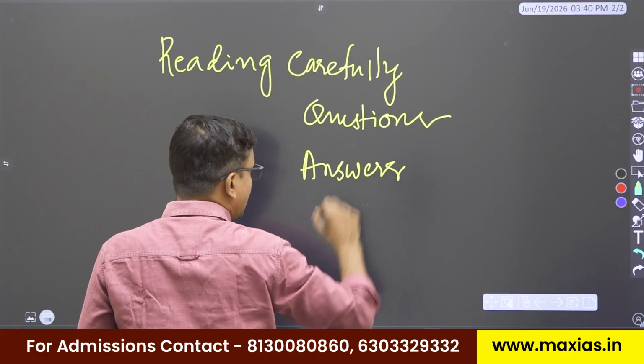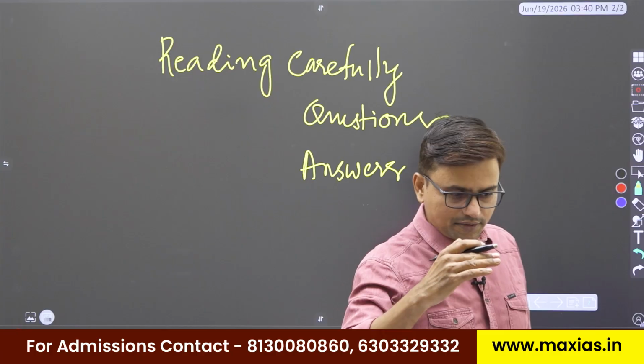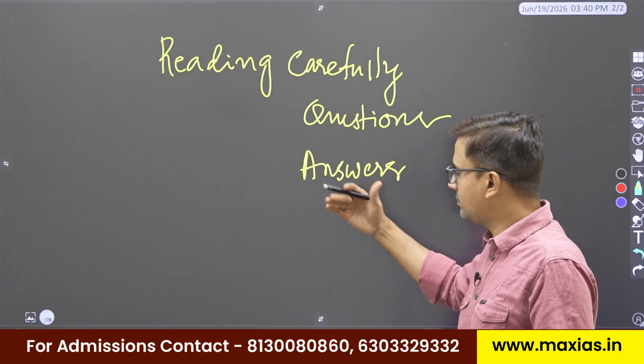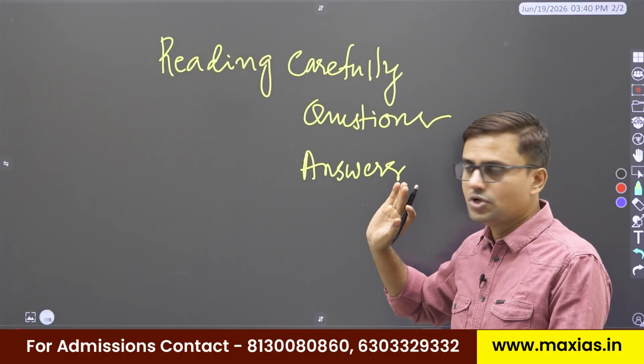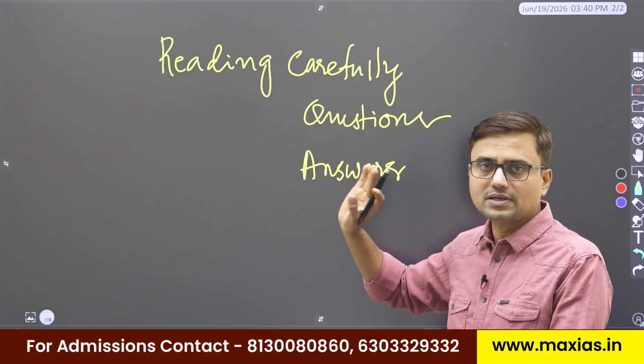Why? Because by reading the answers also, by comparing statement A, statement B, we have come to the conclusion and we have eliminated. So reading the question and reading the answer carefully is mandatory.